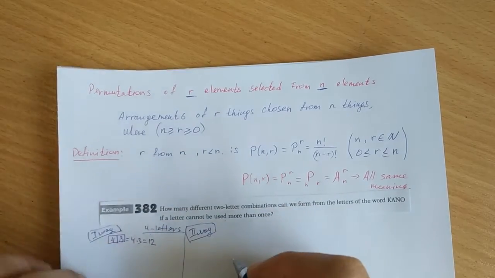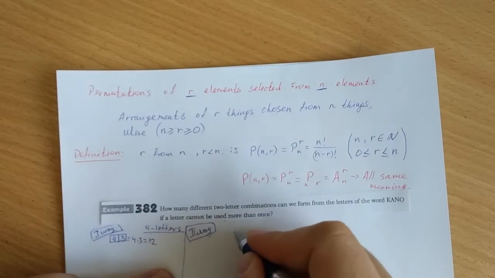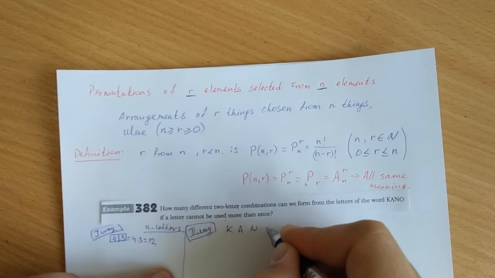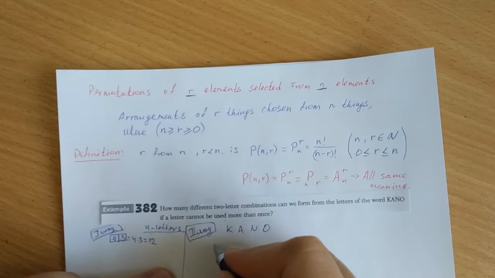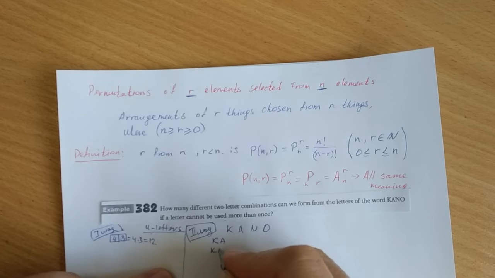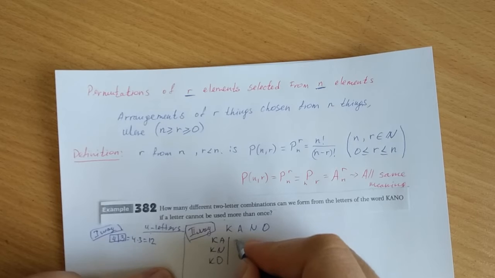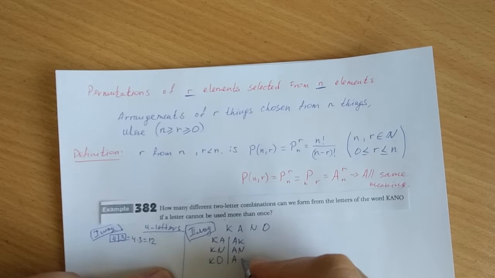Now, the second way: we can make a table. For example, we can use these letters, Kano. Let's start firstly with combinations starting with K: KA, KN, KO. Next, starting with A: AK, AN, AO.